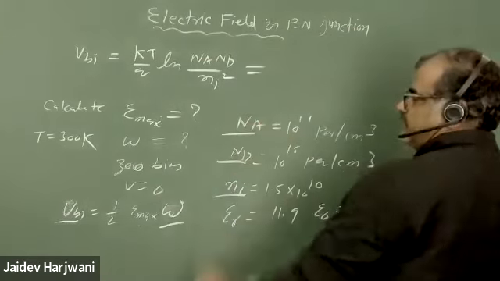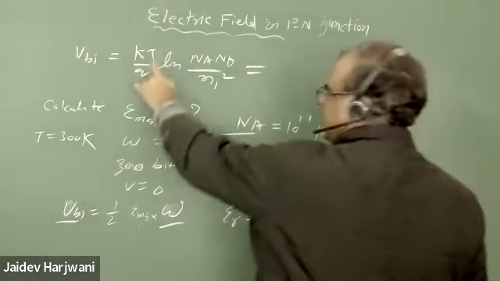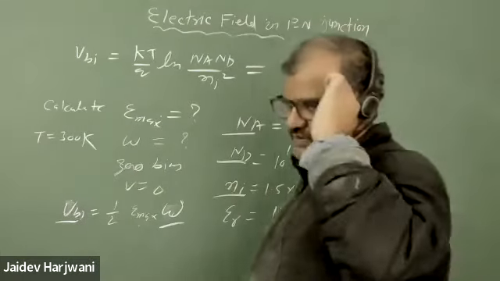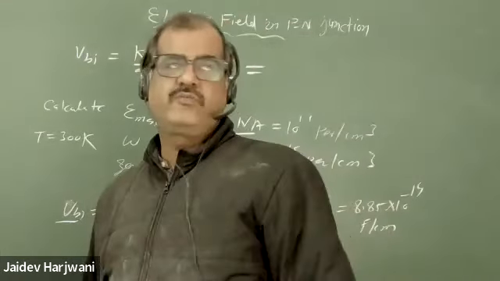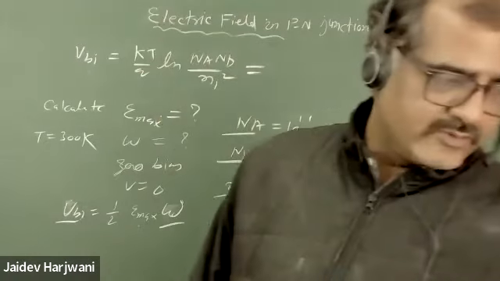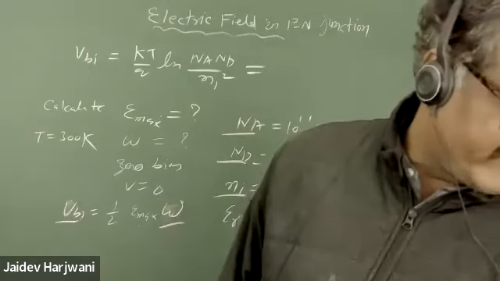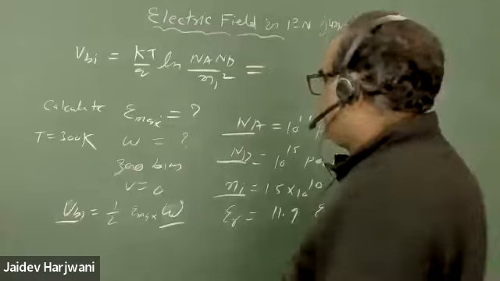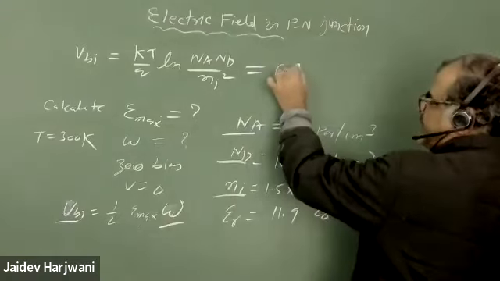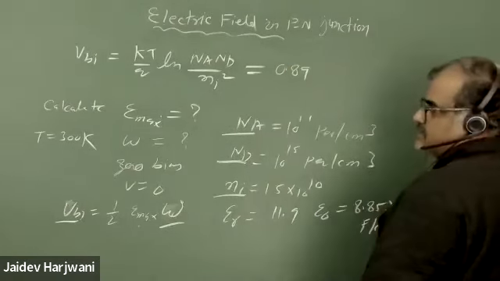You can take kT by q equals 25 milli electron volt, or 0.025 electron volt. So you can find this VBI. This should come approximately 0.89. You can check the calculations.